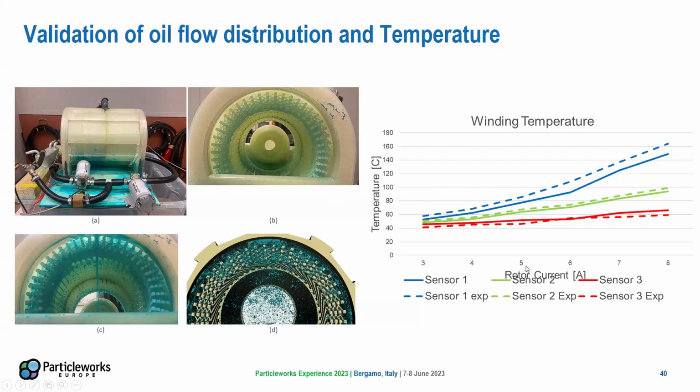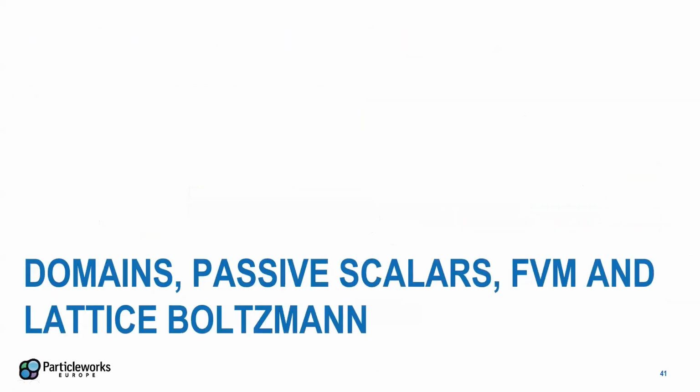So we see here 3 sensors on the windings, and when we apply the heat transfer coefficient maps from Particleworks to the thermal model, we see that at increasing loads, increasing rotor current, we have good agreement between the experimental and the sensor signal. So also this method for e-motor was validated. I will be happy to further discuss this example in the questions.